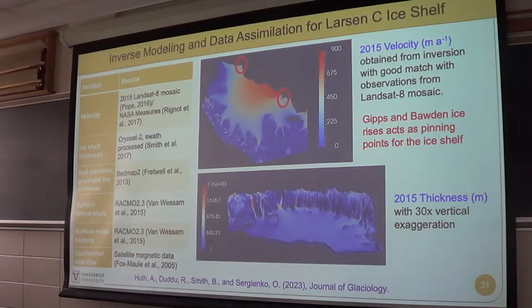So what that told us is that if you don't consider those Gibbs and Borden ice rises as pinning points, you just don't get any reasonable velocity or viscosity, and you will never get the kind of cracks that we see in reality. So in fact, all rifting, maybe, if I have to be a little bit controversial, all rifting must be driven by the position of these ice rises.